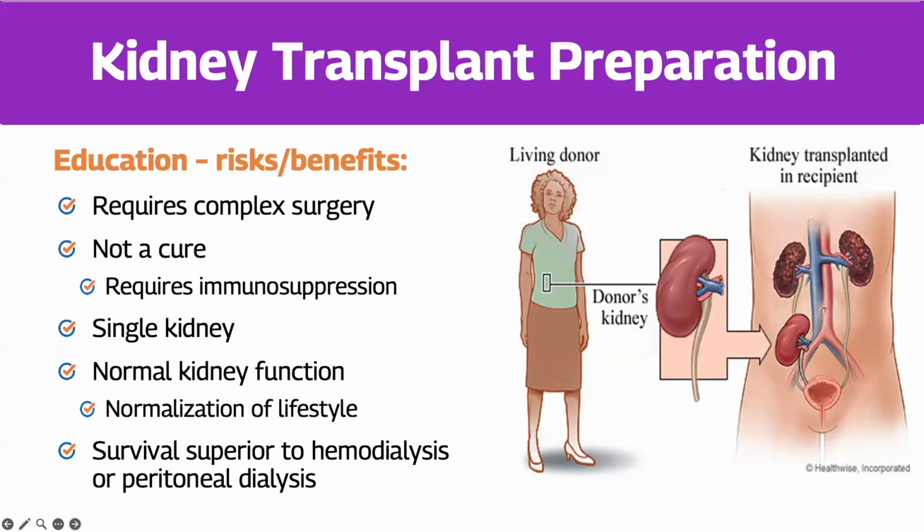They also must continue regular testing and follow-ups with their transplant team. The patient also must know they will live with a single functional kidney. So this basically means that they only have the kidney function of a person with two healthy kidneys.